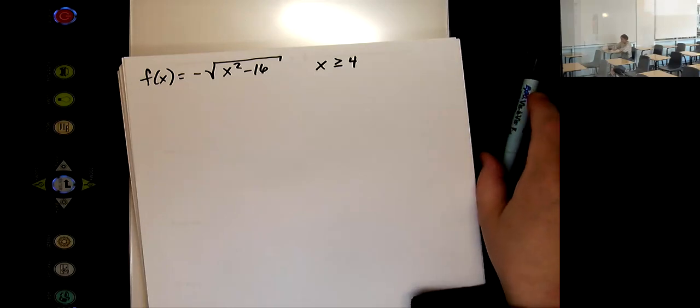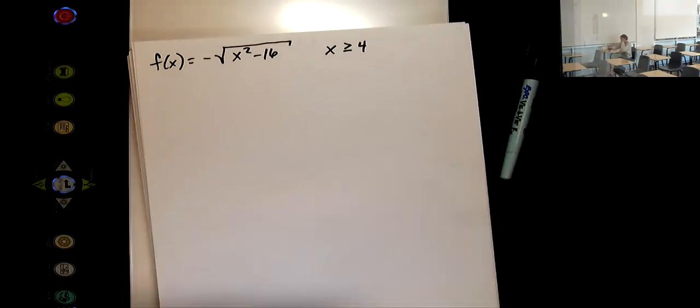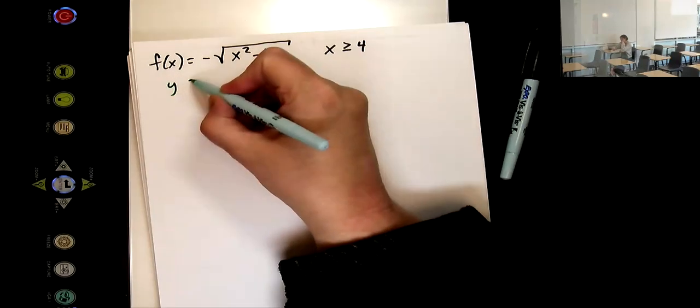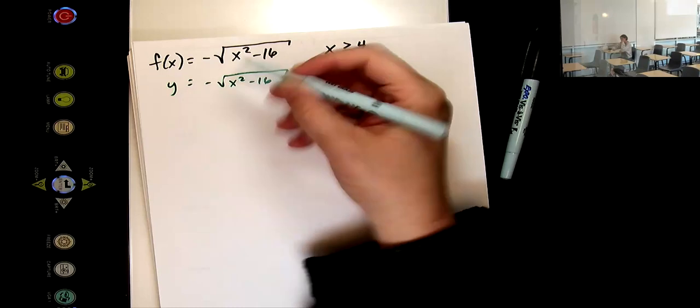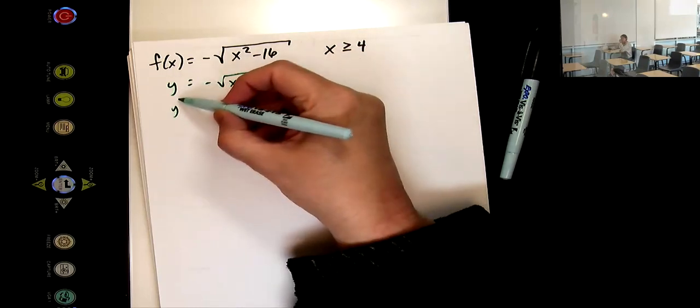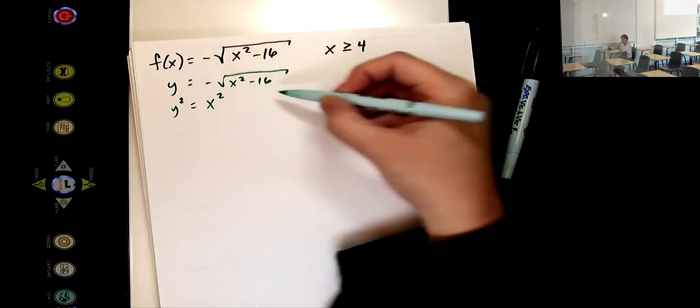What I'm going to do is say f of x is y, and I'm just going to square both sides. If I square both sides, I get y squared equals x squared minus 16.